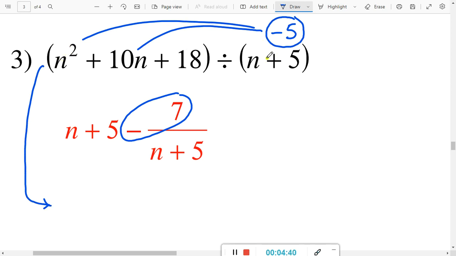So n squared is going to be negative 5 squared. All right, use parentheses because the whole thing of n is squared. So it's negative 5 squared. Plus 10n, so it's plus 10 times negative 5, and then plus 18.